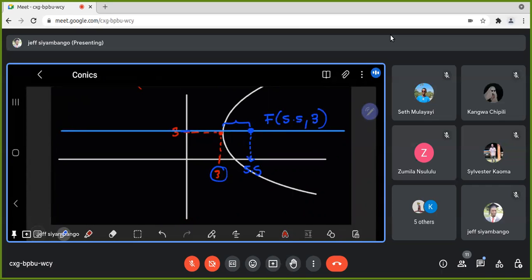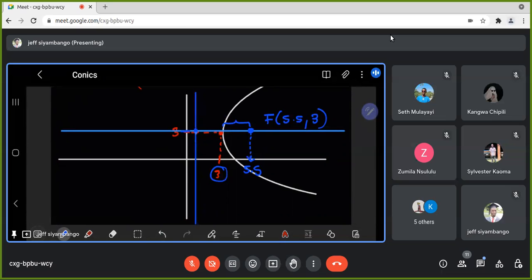The directrix, on the other hand, has to be 2.5 units, but now to the left. Coming from here all the way to the y-axis, that's 3. So 2.5 means we don't reach the y-axis. Let's say we come up to here. The directrix has to be a line that passes through that.